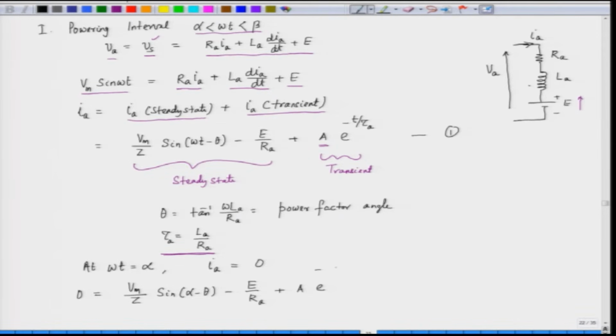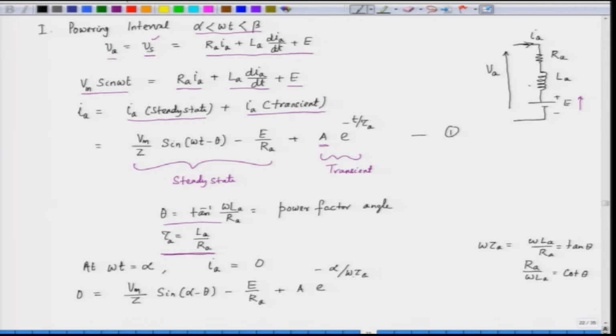So, we call this alpha by omega tau A. Now, omega tau A is equal to omega LA by RA, which is equal to tan theta; we have defined tan theta previously. So, omega LA by RA is tan theta, and RA by omega LA is called cot theta. The inverse of tan is cot, 1 upon tan is cot theta.